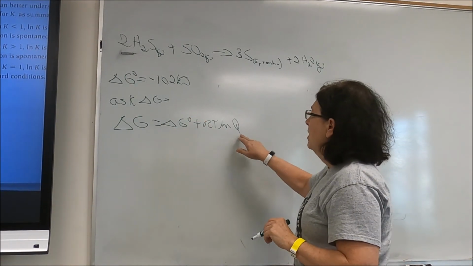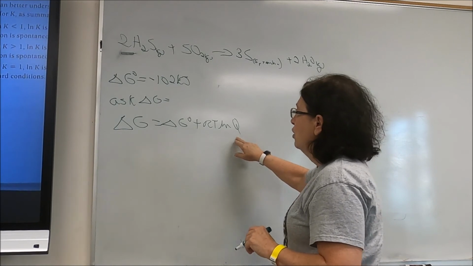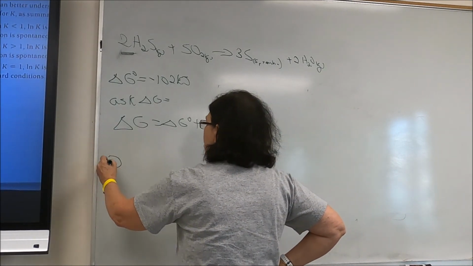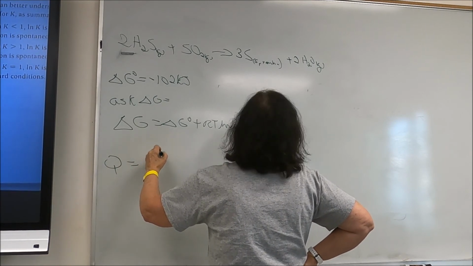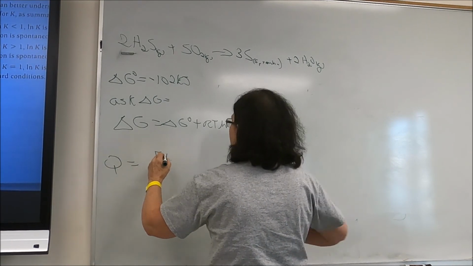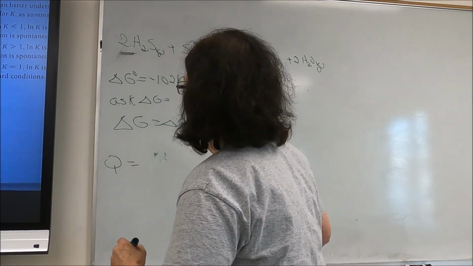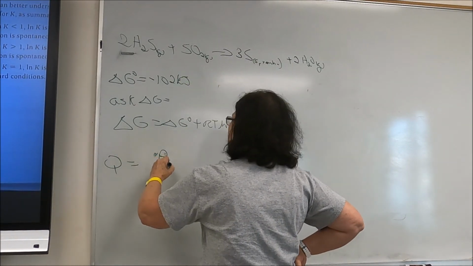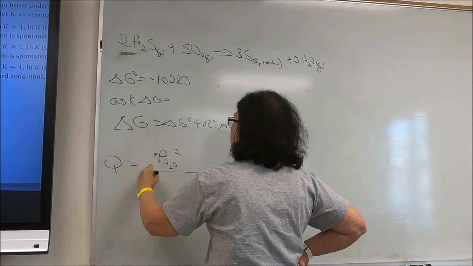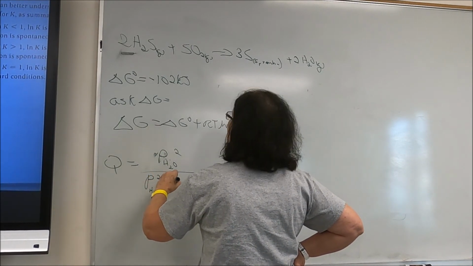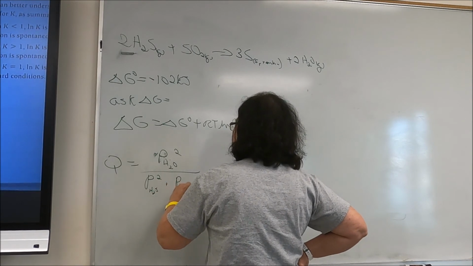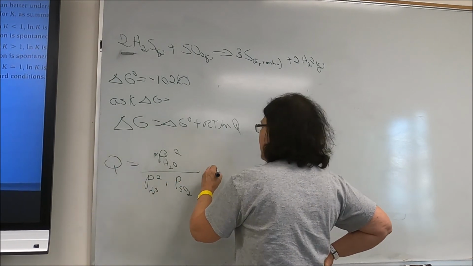So to be able to do this, I've got to get Q. Now the Q expression, well, we were given partial pressures, so it's the partial pressure of water squared over the partial pressure of H2S squared times the partial pressure of sulfur dioxide.